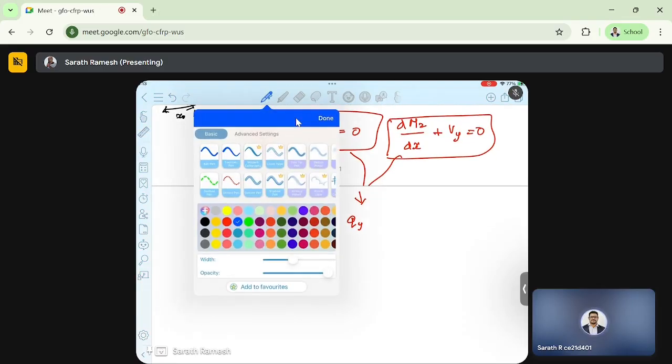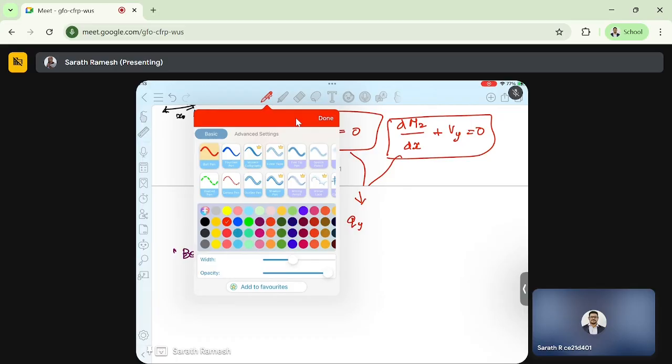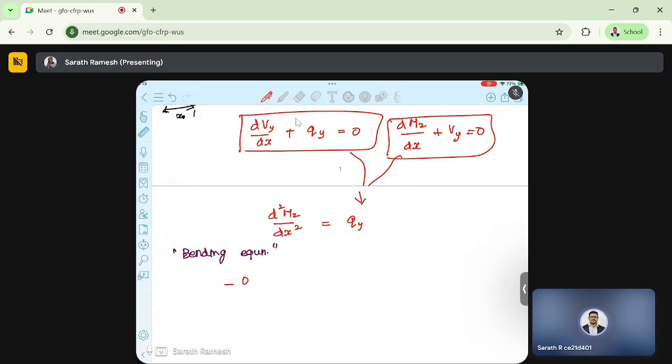The bending equation is minus sigma xx, the bending normal stress, divided by y minus y naught, where y naught is the distance from the neutral axis and y is the layer distance, equal to Mz by Izz, where Izz is the moment of inertia about the z axis through the centroid, equal to E by R. 1 by R is the curvature, which is d square delta y by dx square.